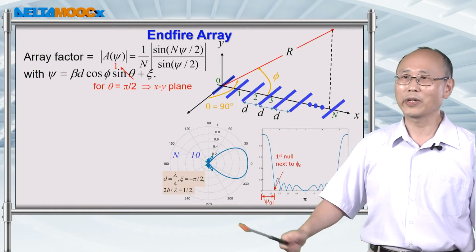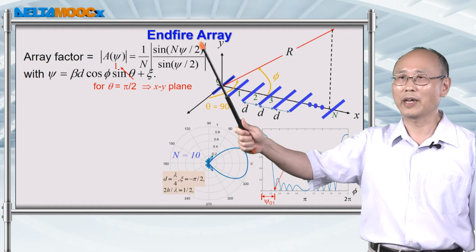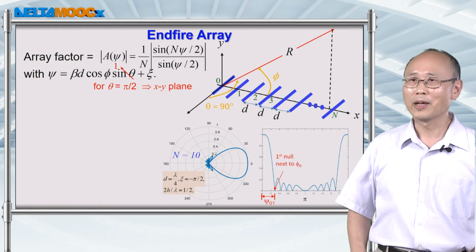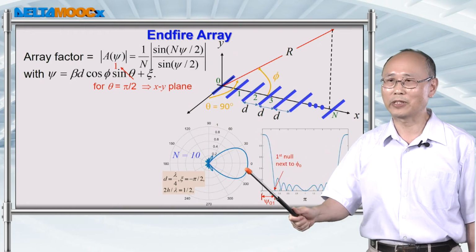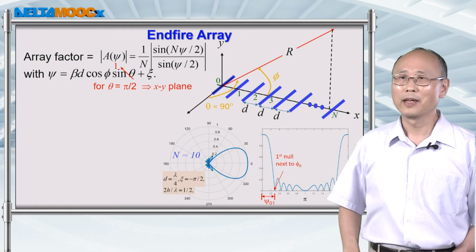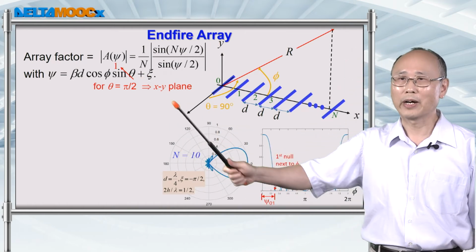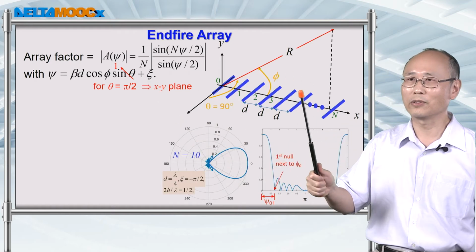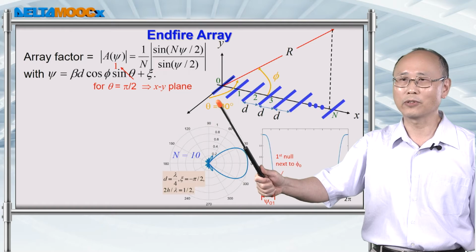On the other hand, we can also design such an array antenna to be an end-fire array. By definition, if you have an end-fire array, you have the maximum radiation intensity along phi equal to 0 direction. Now, let's find out the condition for this end-fire array. Again, let's just look into the radiation pattern on the xy plane where theta is equal to 90 degrees.